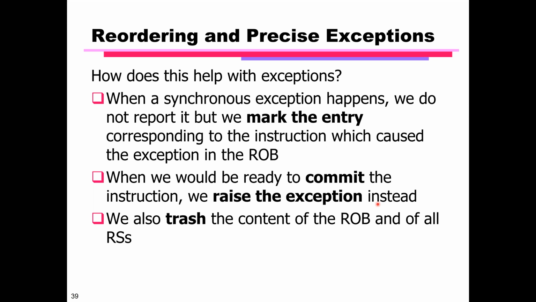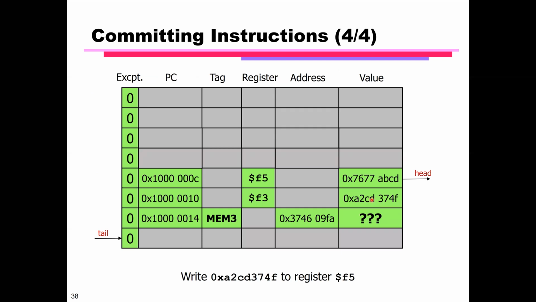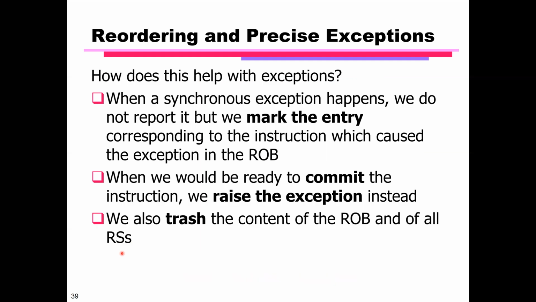But here you don't do that. We are going to simply mark the entry, and this is why we have this first column here for the exceptions. We will simply mark there and say, oh, look, this instruction had an exception. And we will not do anything until this instruction that had an exception is ready to commit.